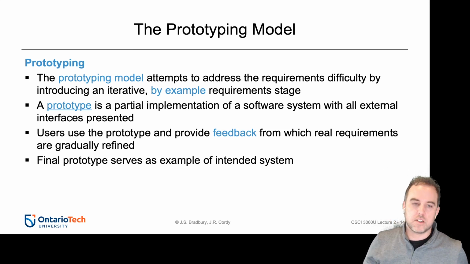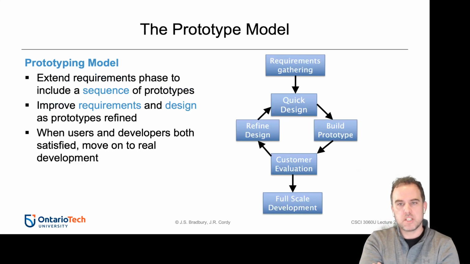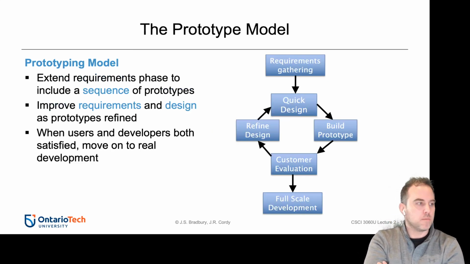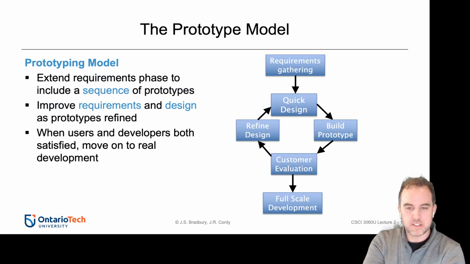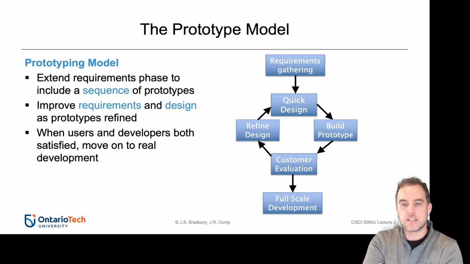And this is what it looks like. In a prototype model, we still have the traditional waterfall down at the bottom in the full-scale development. But before we get to that, the requirements gathering has this little design loop where we do a quick design, build a prototype, evaluate it with the customer, refine it, quick design, prototype.